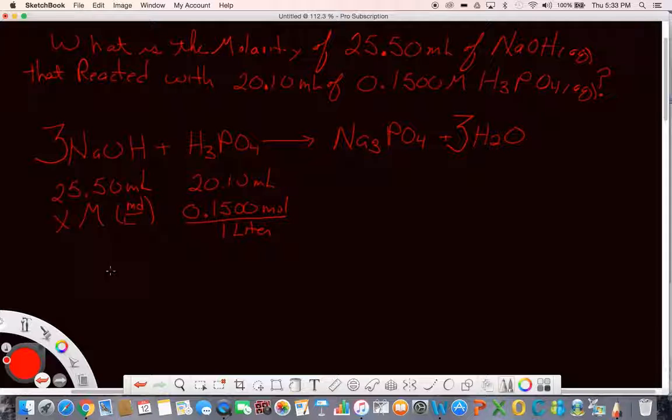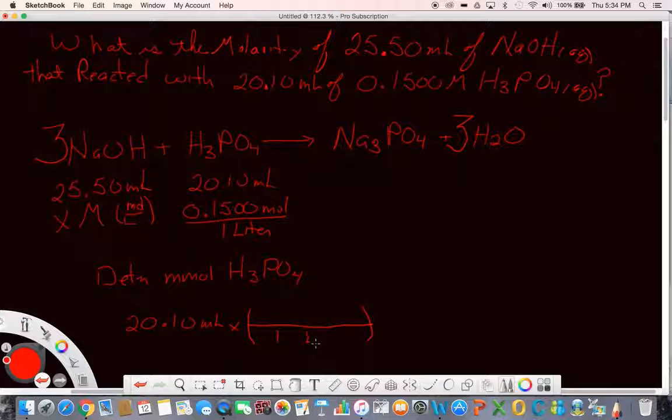So step 1, let's determine millimoles of phosphoric acid, because we know the most about phosphoric acid. So let's take the 20.10 milliliters and use our molarity as our conversion.